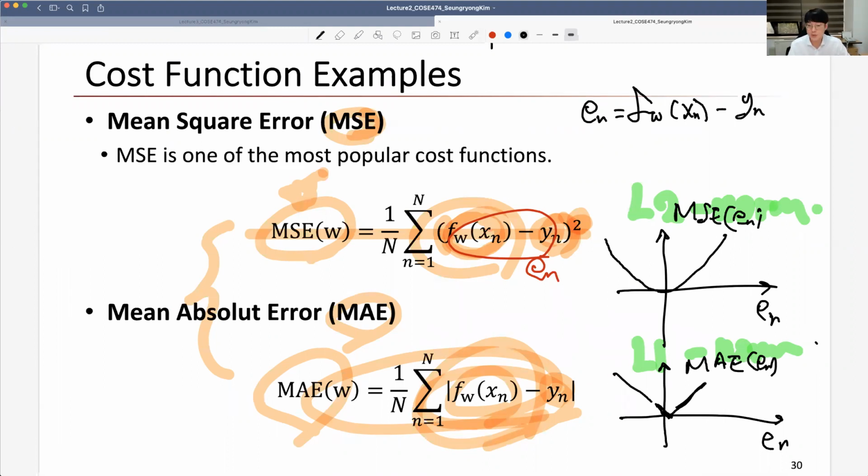The second one is the mean absolute error, MAE. If we define the error between the estimated values and the ground truth yn, then we can draw this cost curve with respect to the error en of the n-th sample. The MSE in terms of this error will look like this, and MAE represents this kind of function.